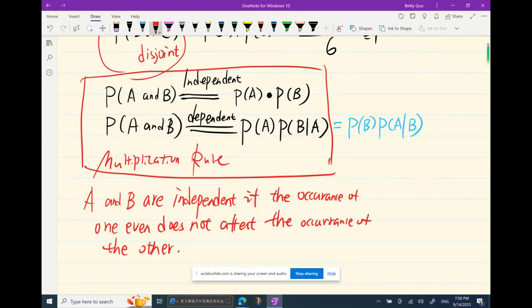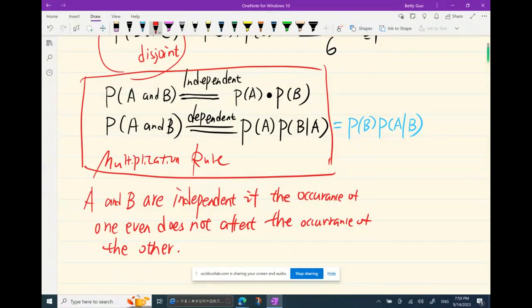We can find some similar idea or concept in real life. For example, if you are independent financially, how about you and your spouse are independent financially? That means you can buy whatever you want. You don't have to worry about your spouse's opinion, right? So one event occurring does not affect the chance of occurrence of the other.